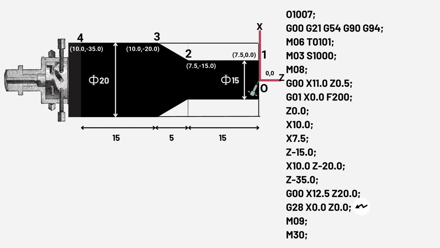This will lead the tool back to the datum position. Since the whole machining operation is completed, we are now required to switch off the coolant using the M09 code. And at the end of the program, we will write the M30 code to end the program.